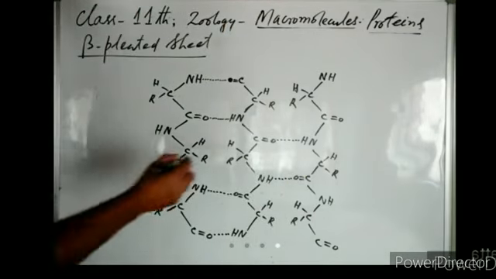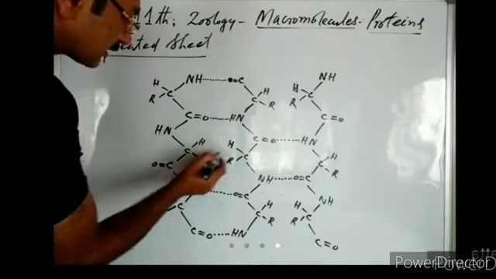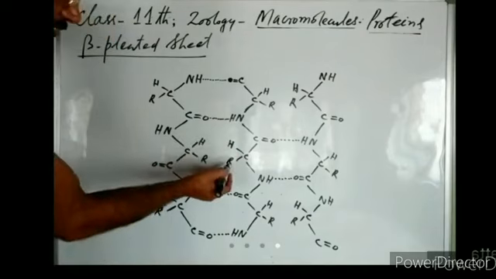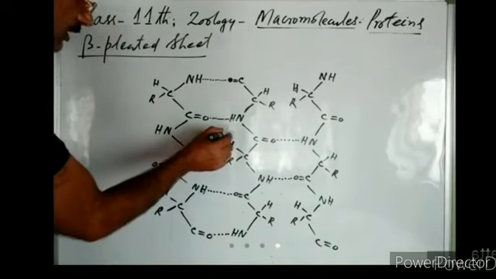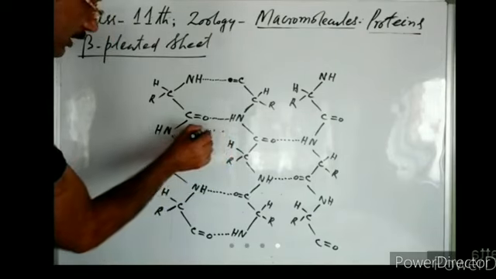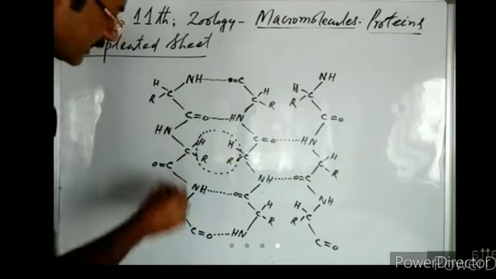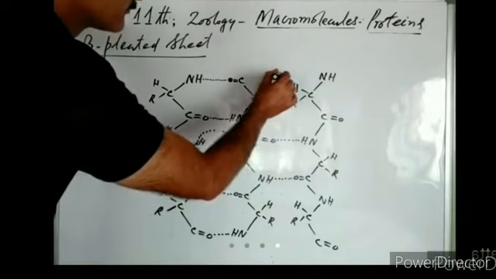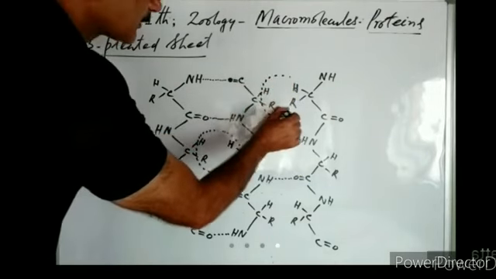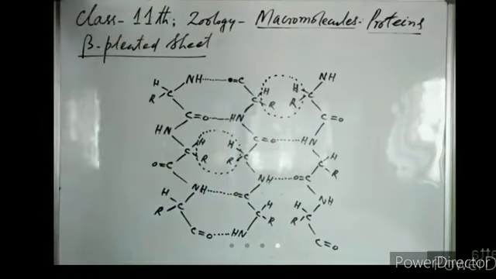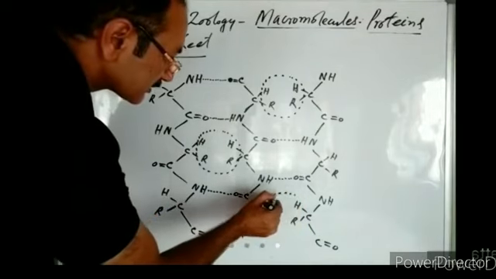And there are also hydrophobic interactions between their side chains. This is alkyl group, hydrogen atom. They also interact with each other. And these are known as hydrophobic interactions, which also hold them together. Right? These are hydrophobic interactions.